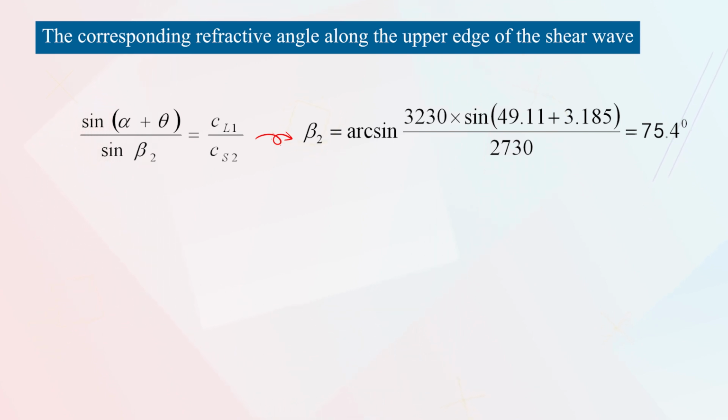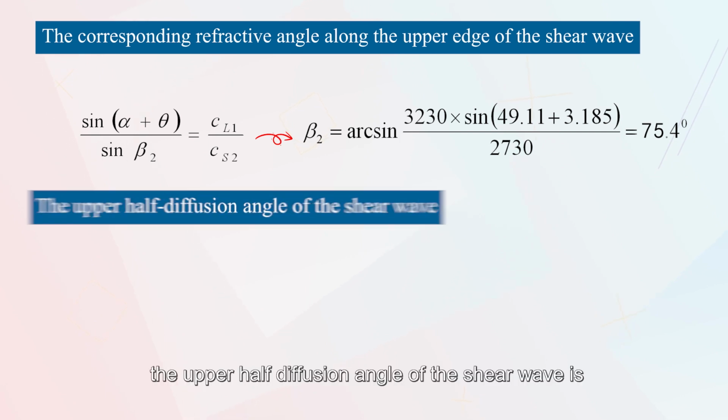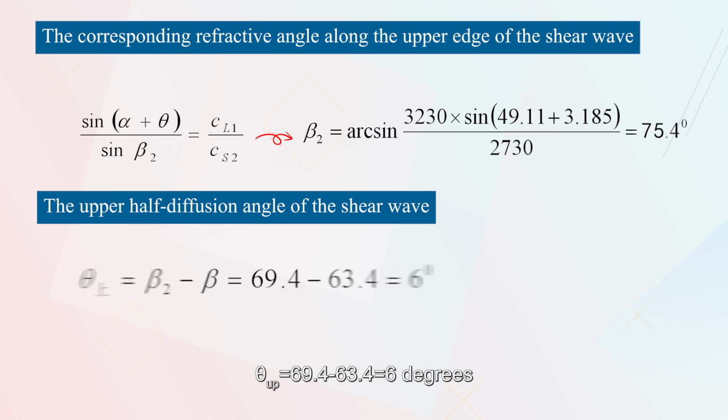69.4 degrees. Therefore, the upper half diffusion angle of the shear wave, theta up, is equal to 69.4 minus 63.4, which is equal to 6 degrees.